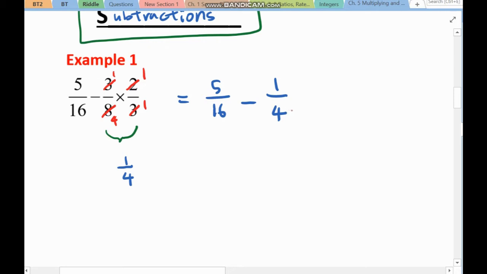We're going to make the common denominator 16. So we're going to multiply 4 and multiply 4. And that is 5 over 16 minus 4 over 16. Okay, so when we subtract, keep the denominator and subtract the numerator. 5 minus 4 is 1. So 1 over 16.